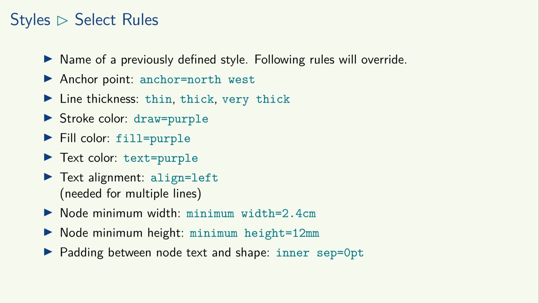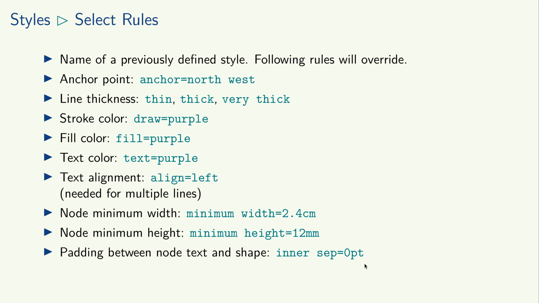So by default, there is a bit of padding in there. I don't remember how much it is, but it's something like a millimeter or 3. Which also means that unless you override that default, for instance, by setting inner sep to 0 points, you're not going to be able to create particularly small circles.